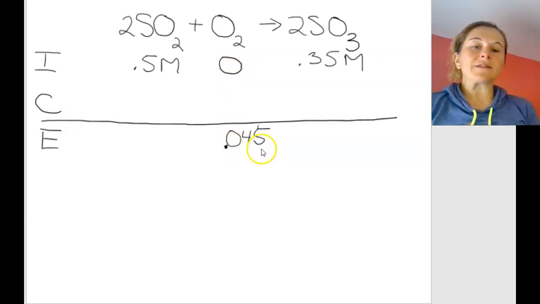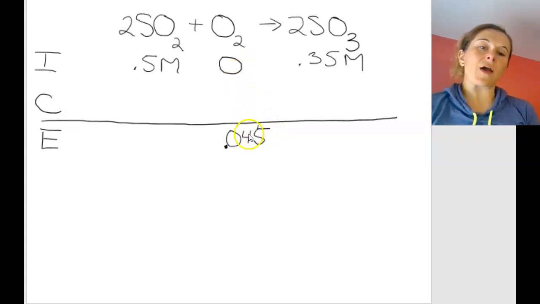So that means that we are going towards reactants, right? Because we have 0 and we're gaining a reactant. So that means that our Q is going to be greater than K, right?